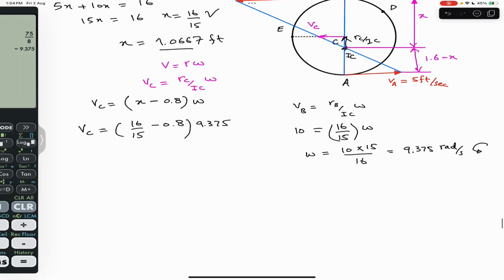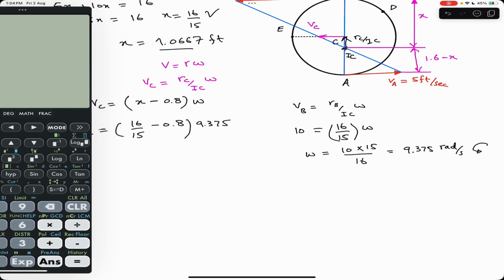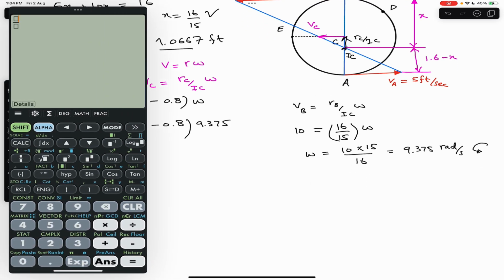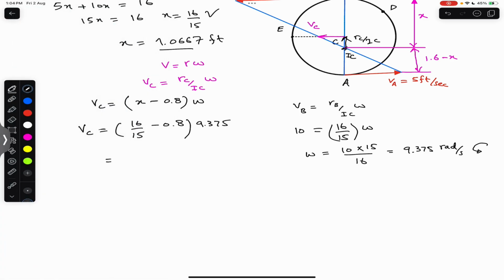This gives us 2.5. So the velocity of point C is 2.5 feet per second, and this is towards the left, remember.